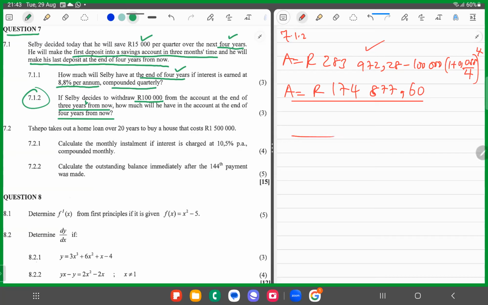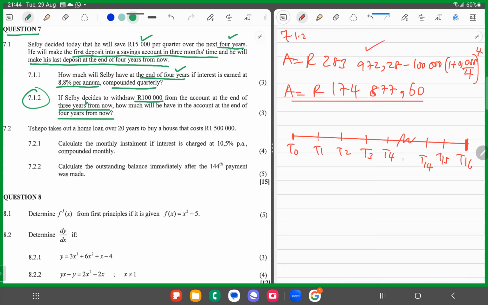You can look at a timeline like this and say there's time 0, there's time 1, there's time 2. It's 4 years and we're dealing with quarters. So time 3 is another quarter, and so on. At the end of 4 years, you're going to have 16 quarters, 15 quarters here, 14 quarters and so on.